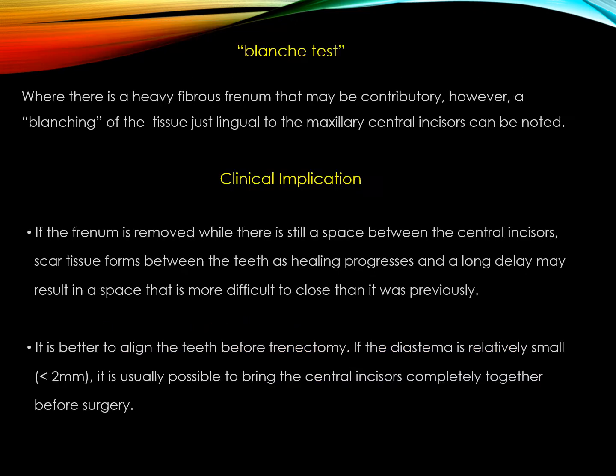So a blanch test is performed when you feel that the frenal attachment is extending beyond the central incisors. You can tug on the upper lip, and if you see any blanching in the area of the frenal attachment between the maxillary central incisors, then you can confirm that the fibrous frenum is extending beyond.